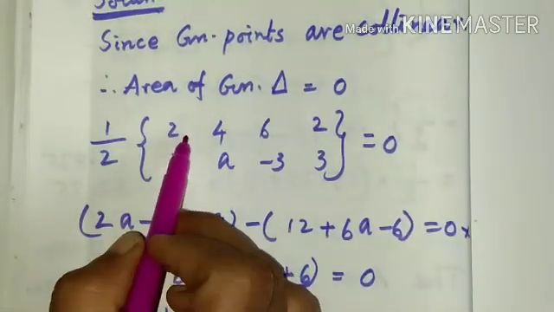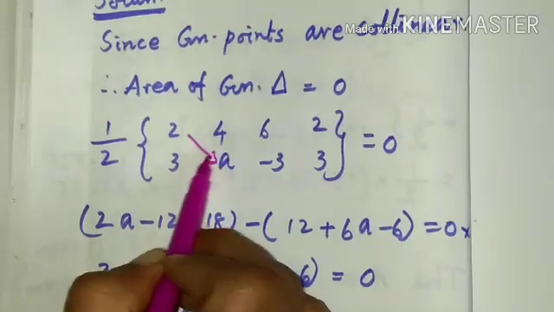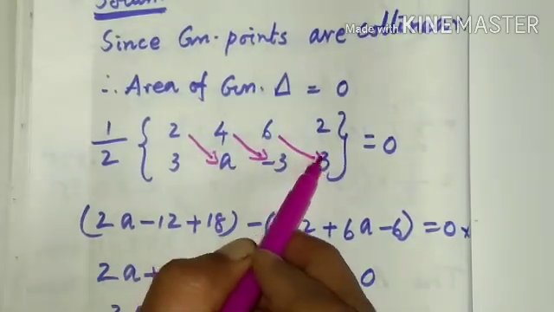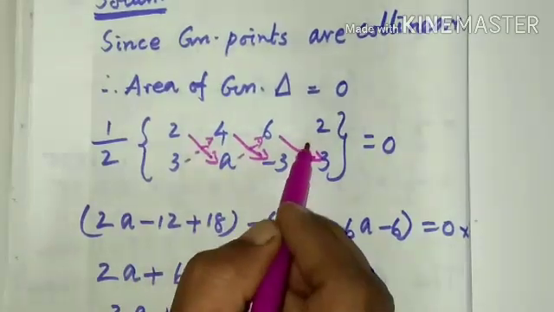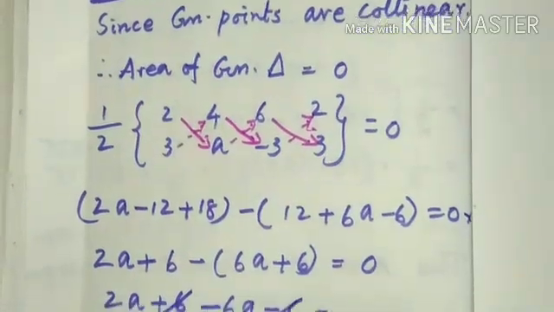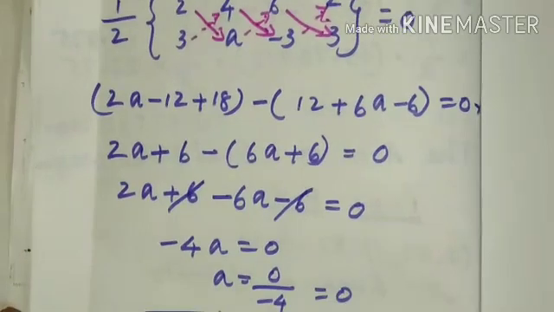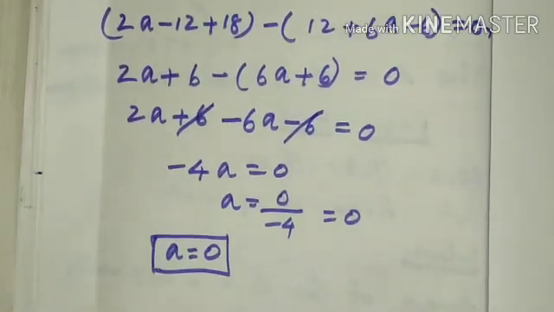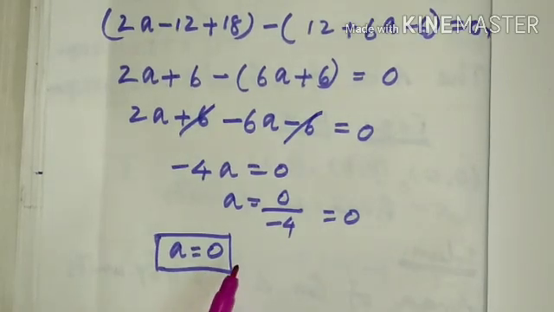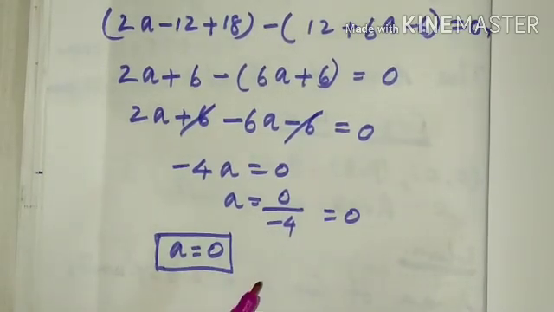Now you have to multiply from top to bottom and then you have to multiply from bottom to top. Then we get like this answer. Hence the value of A is equal to 0.